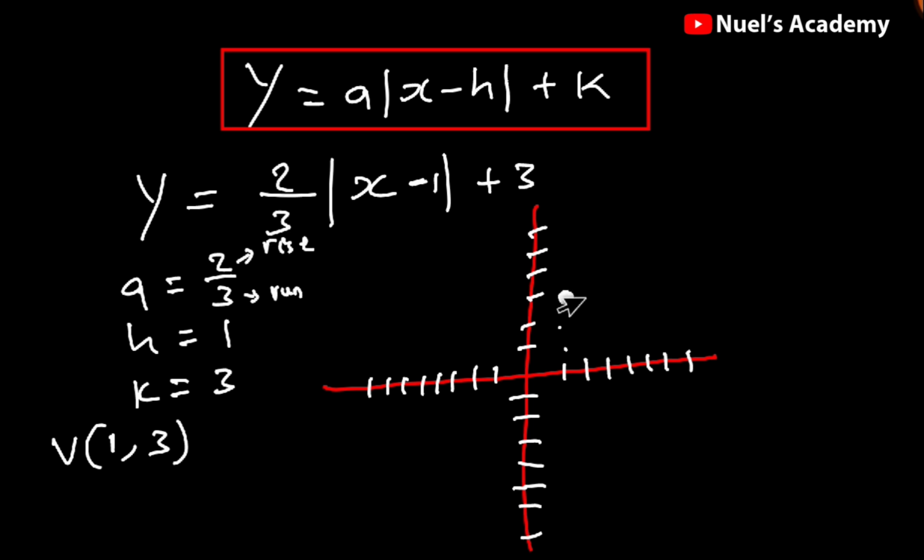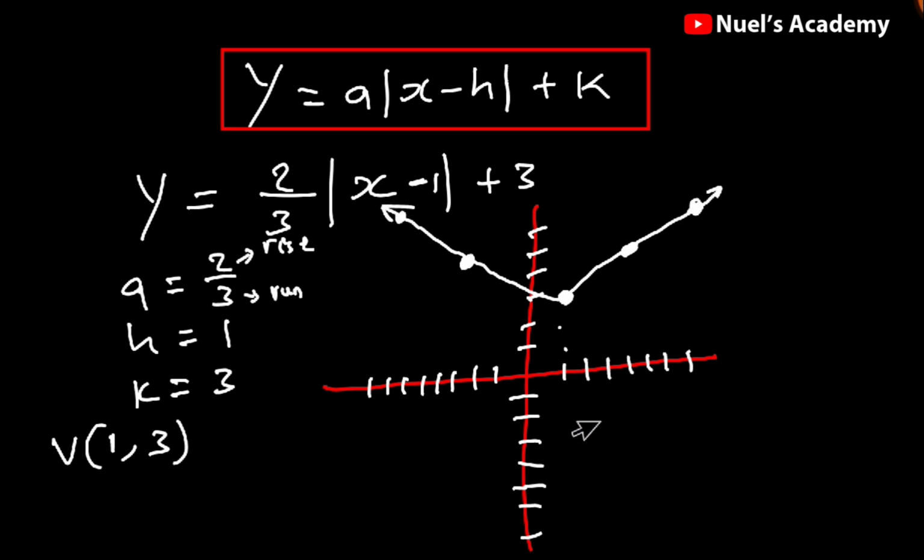So 3 to the right, we have 1, 2, 3, then 2 up, 1, 2. Here again, 3 to the left, 2 up, 1, 2, 3, 1, 2. So this is how this graph is going to be.